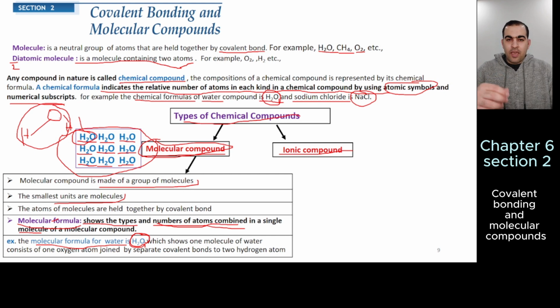For example, NaCl is a chemical formula, but it's not a molecular formula, because the term molecular formula is used only for molecular compounds, while chemical formula is used for every compound in nature. Okay, that's it. Later we'll talk more about it.